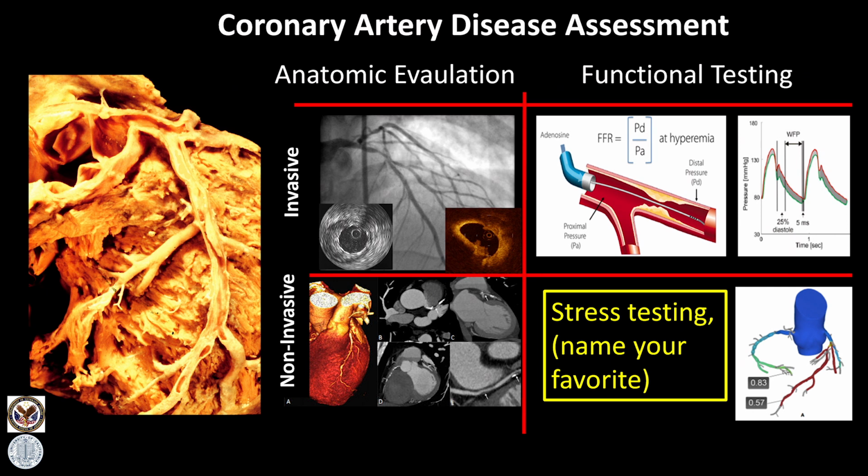This resting ratio is called the instantaneous wave-free ratio when there are no further reflected waves moving through the heart, and the ratio of the resting aortic to distal pressure creates a number similar and approximates the FFR, a value which we ultimately know will be identified with myocardial ischemia. We'll again get into more detail in just a moment.